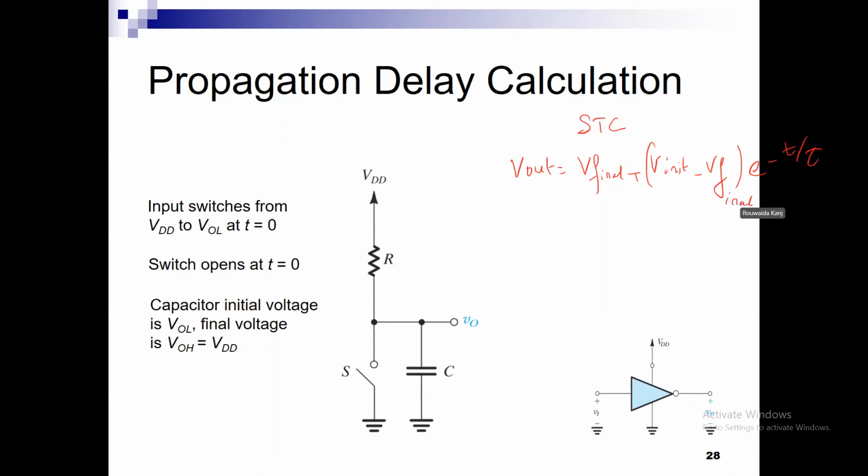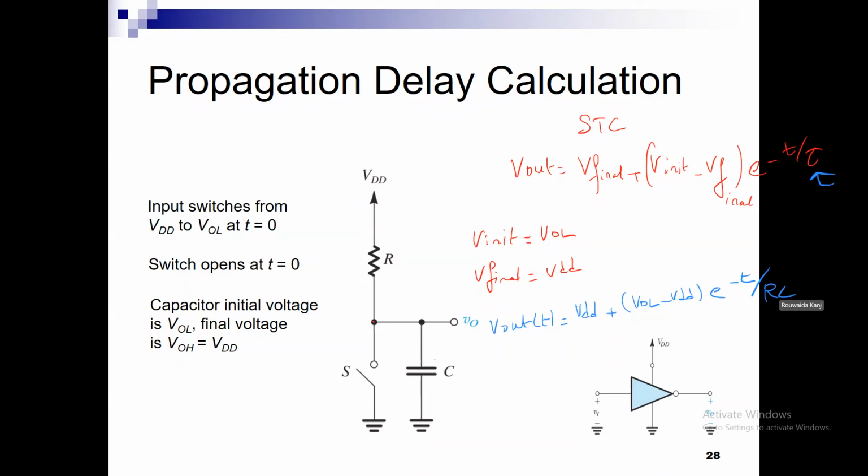For this circuit, my V init is VOL and my V final is going to be equal to VDD. So I can write the equation for my output as V out of t equal to VDD plus VOL minus VDD times e to the minus t over tau, where tau is RC. This is the equation that the output is going to follow.